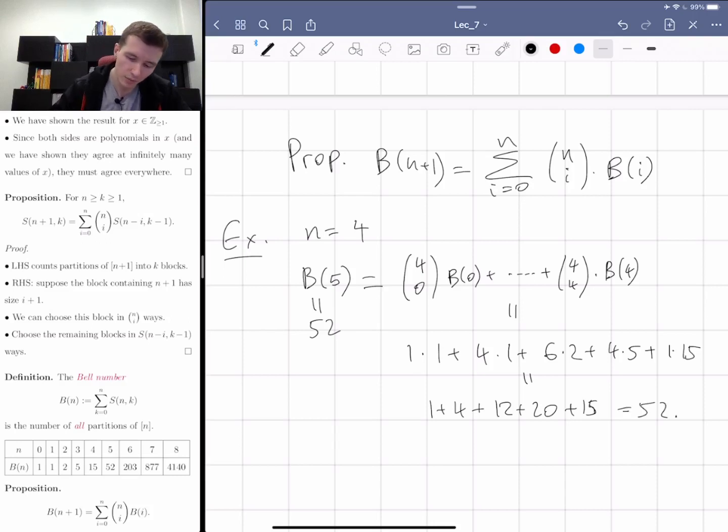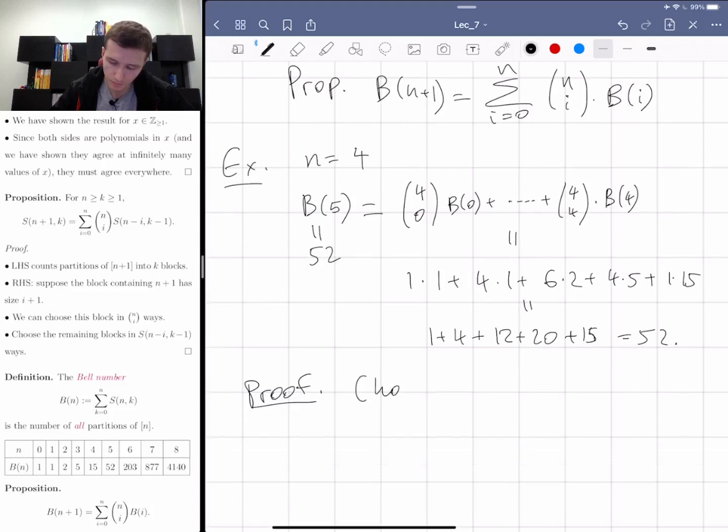Okay, so how do I prove the proposition? And the proof is really just the same idea without the case, right? You choose the block.